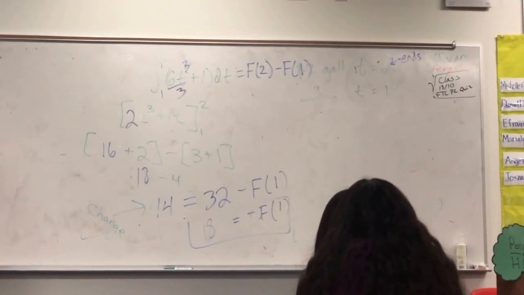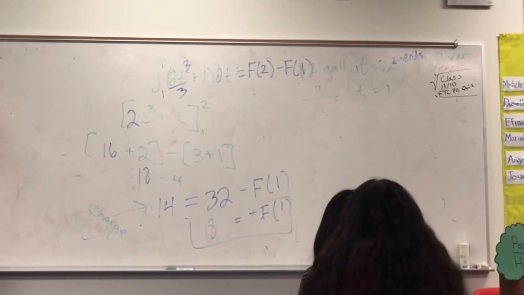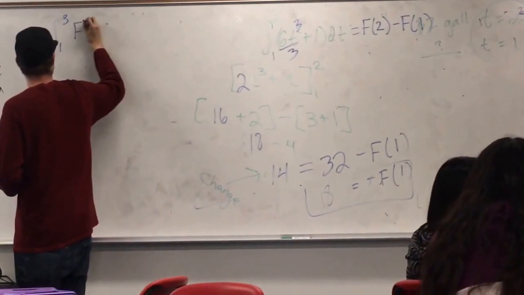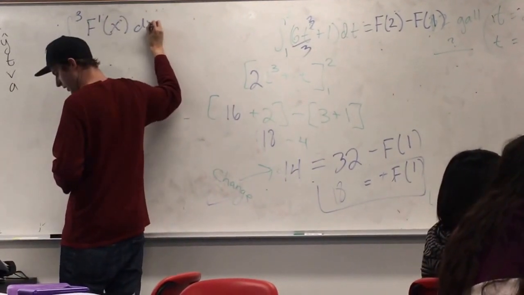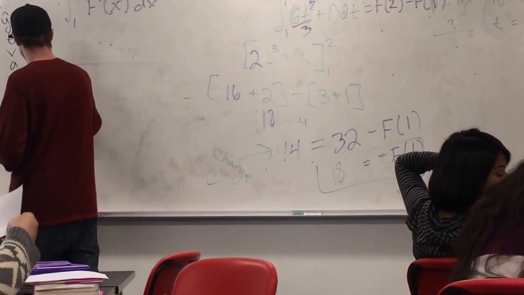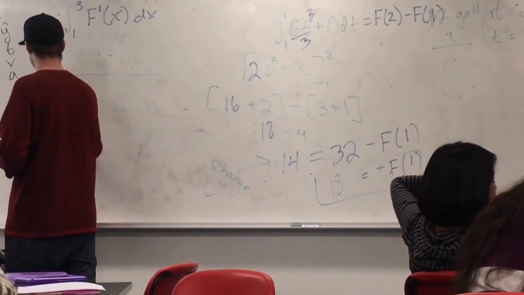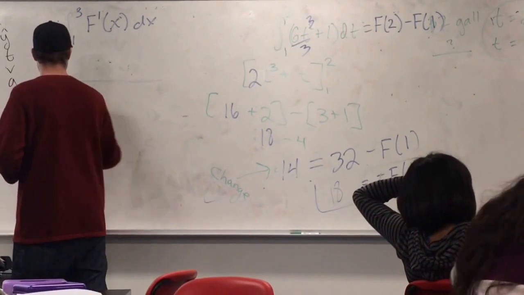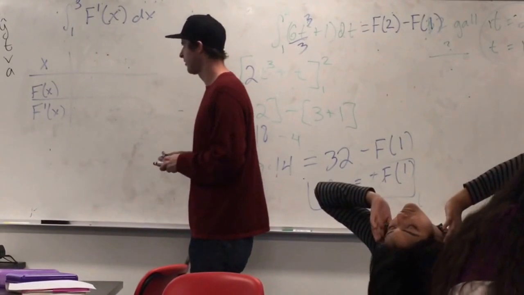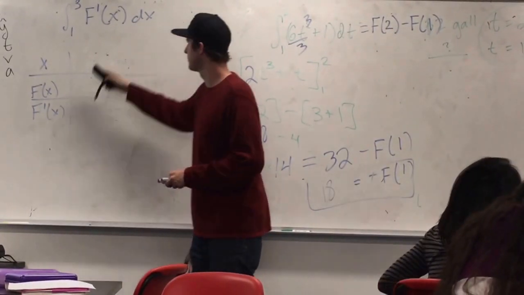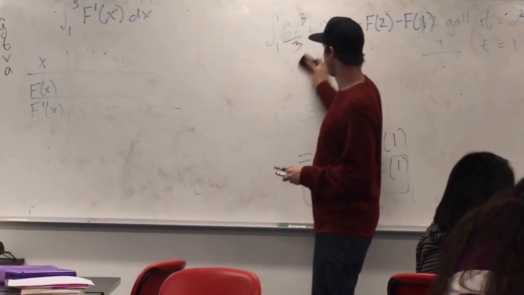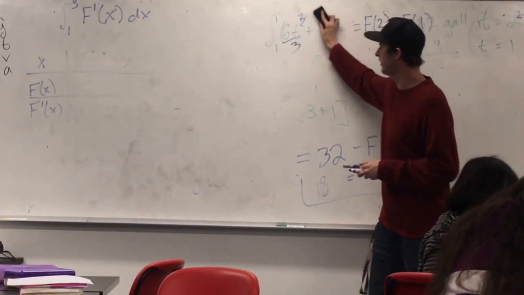Alright, the last multiple choice said to use the table to get the integral from 1 to 3 of f prime of x dx. And then it gave us this table. Before I fill out the table, what I want to think about is, this is another one where it's not the integral of 6t squared.